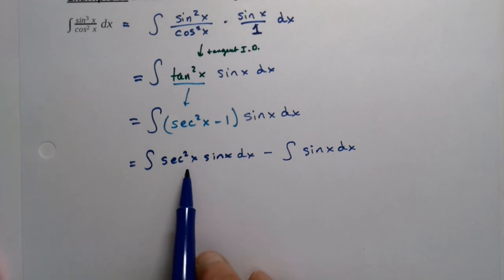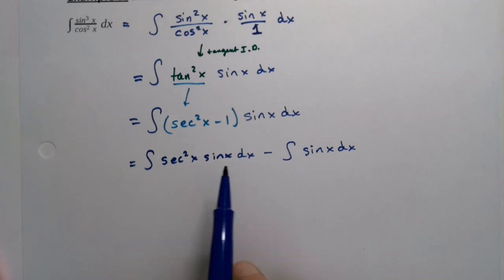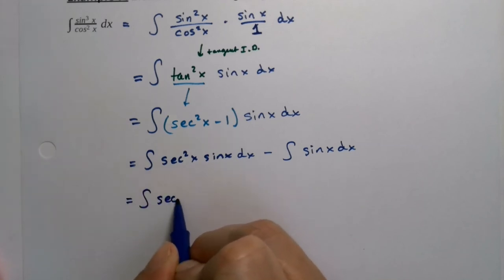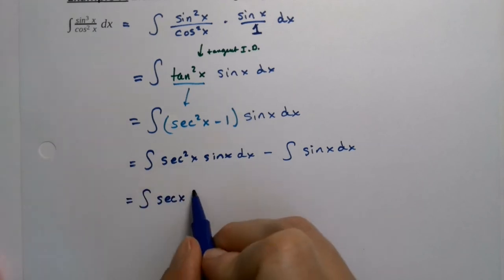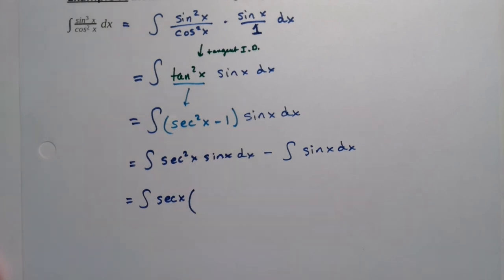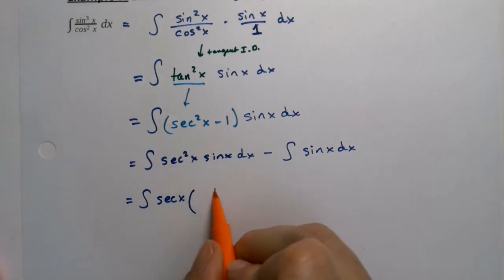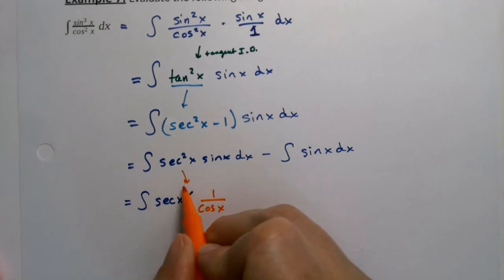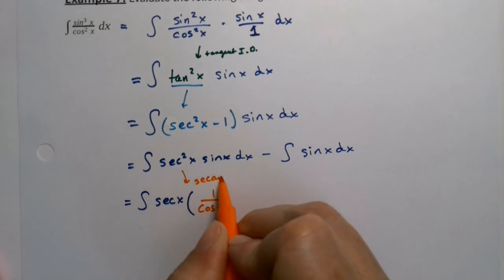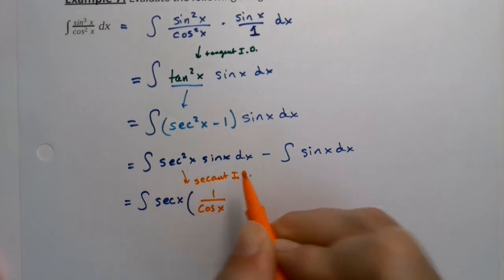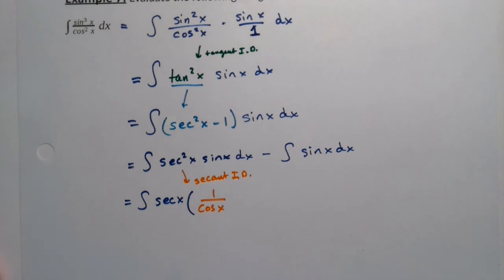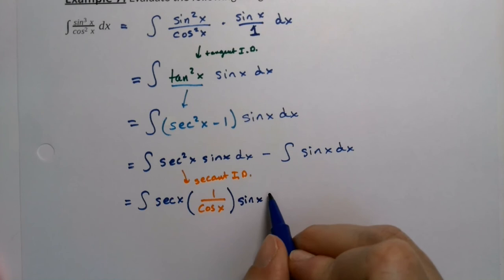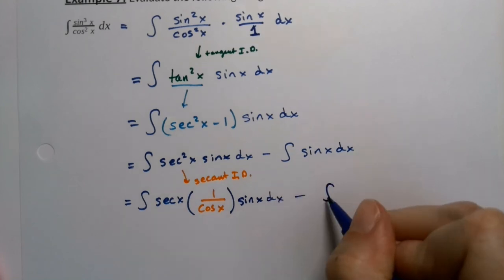So secant squared of x is really secant times secant, and this is really a secant of x, and then secant is 1 over cosine, right? And that's based on the secant identity, times the sine of x dx minus, and again, I'll just leave this integral out here.